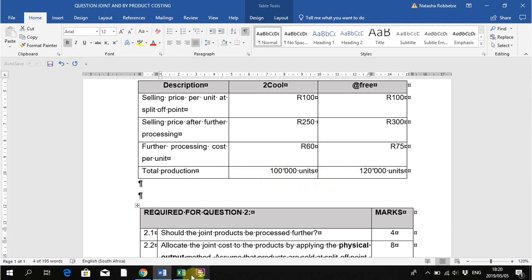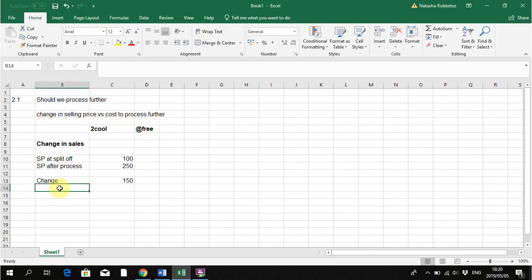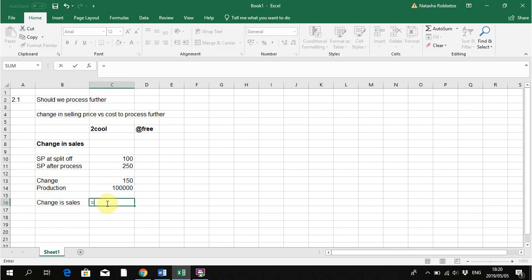Then I need to see how many units we have. The production was 100,000, so I'm going to say times 100,000. Our change in sales is then the 150 Rand change in the selling price times a production of 100,000 units.